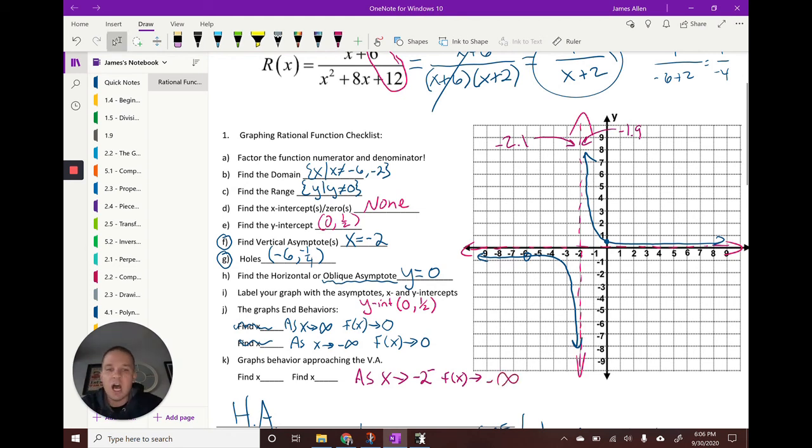And that can actually help us graph these when we don't necessarily have that y-intercept, or we're not sure if it's coming up over here. We can use these numbers close to the asymptotes to help us shape the graph. And then as x approaches -2 from the right-hand side, f of x is going to approach positive infinity. And there we go. There's our graph as it approaches the vertical asymptote.